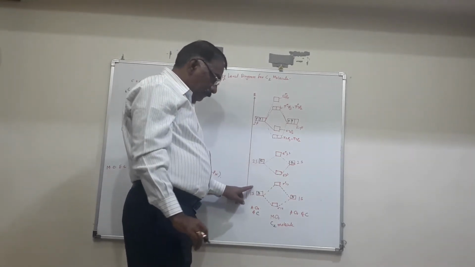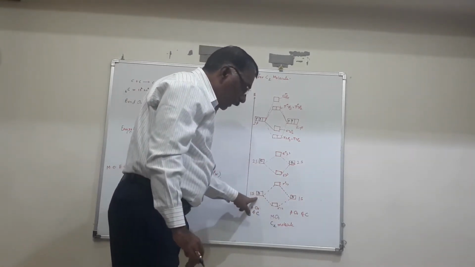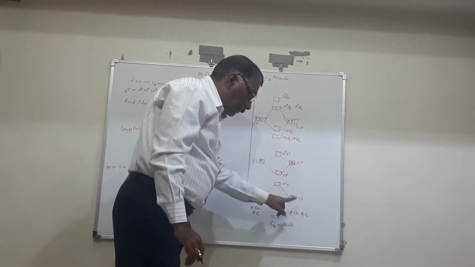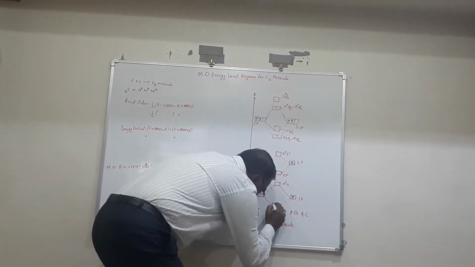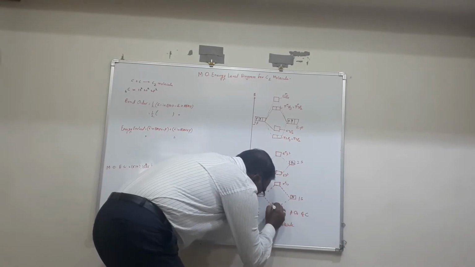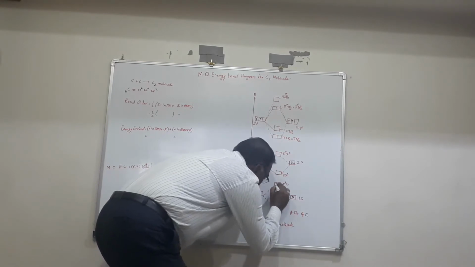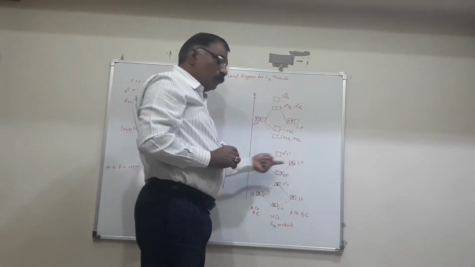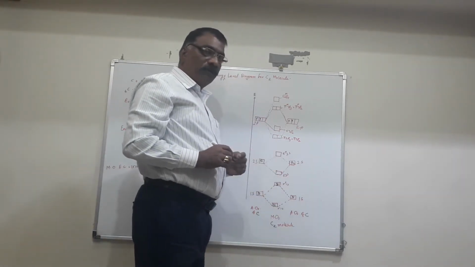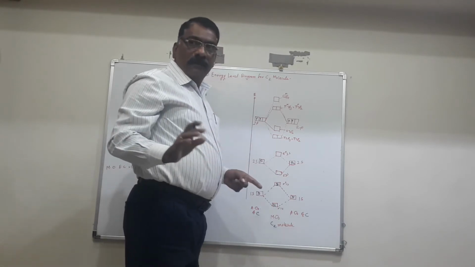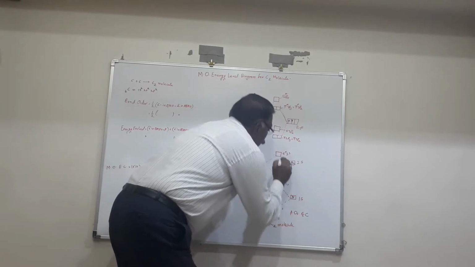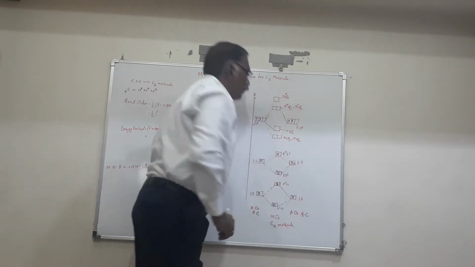For the 1s, there are 4 electrons, 2 electrons from the first carbon and 2 electrons from the second carbon, so 1, 2, 3 and 4. For the 2s orbital, again there are 2 electrons from the first and 2 electrons from the second, so 4 electrons, 1, 2, 3 and 4.